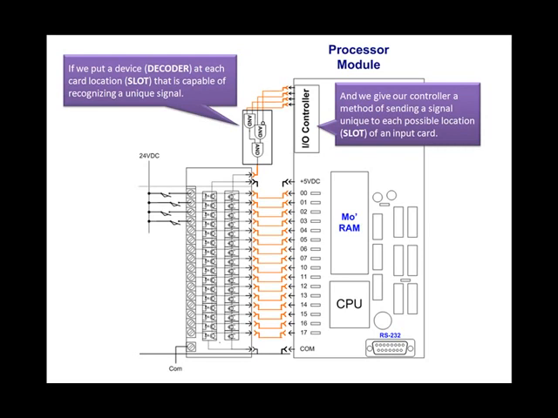And we give our controller a method of sending a unique signal to each possible location or slot to activate an input card. Let's see what this would look like put into action.